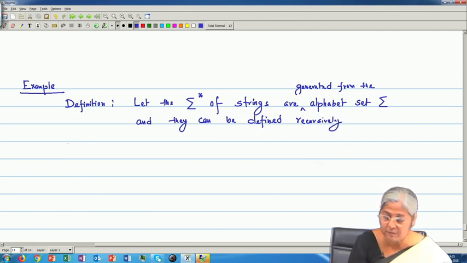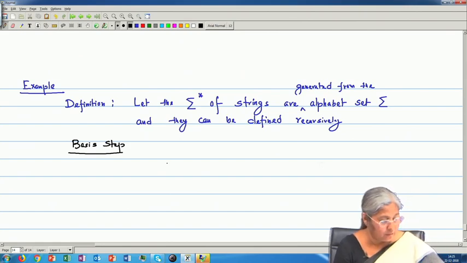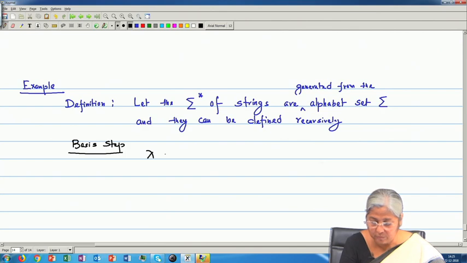See, the basic step is to define: lambda belongs to sigma star.